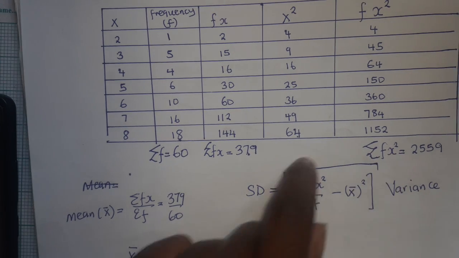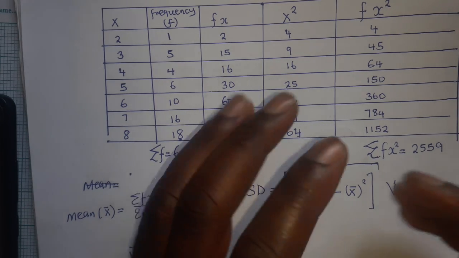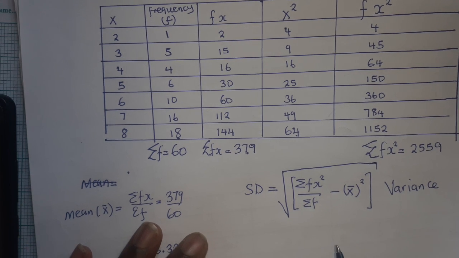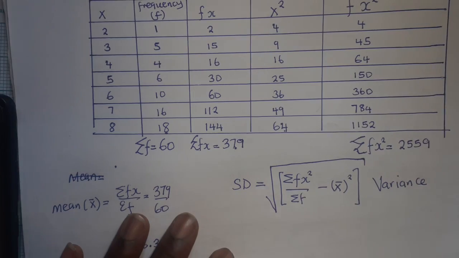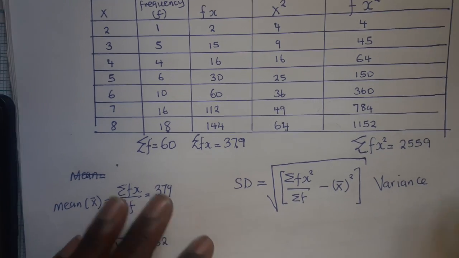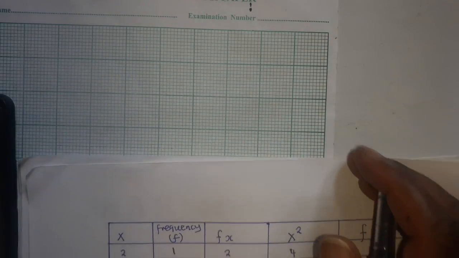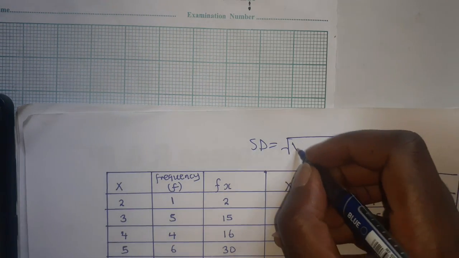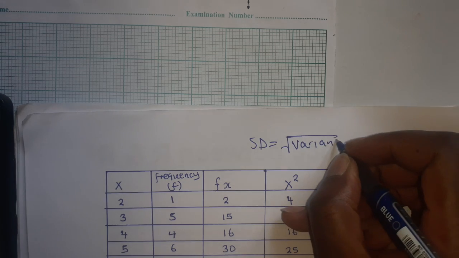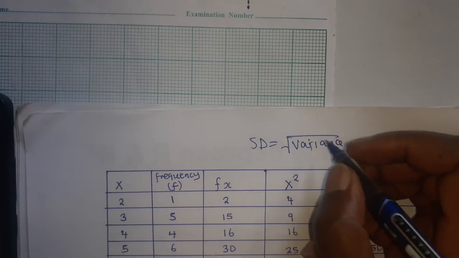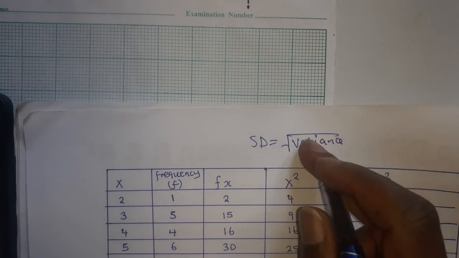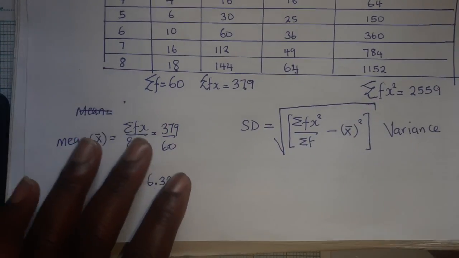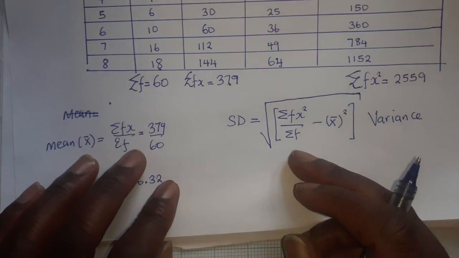Without the square root, what we are getting is variance, because standard deviation is equal to the square root of variance. So now we are getting back to our formula.